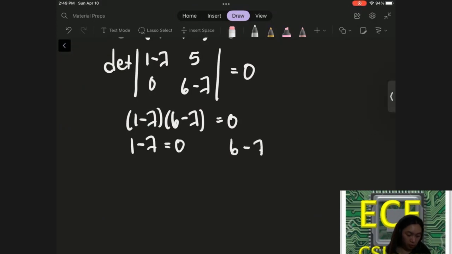So 1 minus lambda equals 0 and 6 minus lambda equals 0. Lambda equals 1, which I'm going to label lambda 1. Lambda 2 equals 6. So for this matrix, it has 2 eigenvalues.